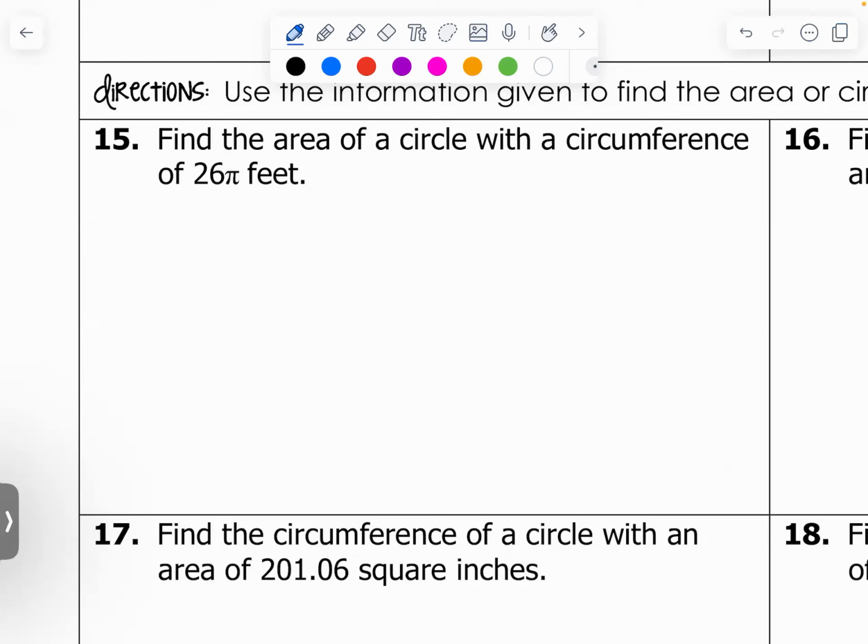Find the area of a circle with a circumference of 26 pi feet. Can we find the area right now? No, what do we need? We need the radius or the diameter to find the area, okay? So we need to use the fact that we have the circumference of 26 pi feet. How about I'm gonna give you 45 seconds to find the radius for me?